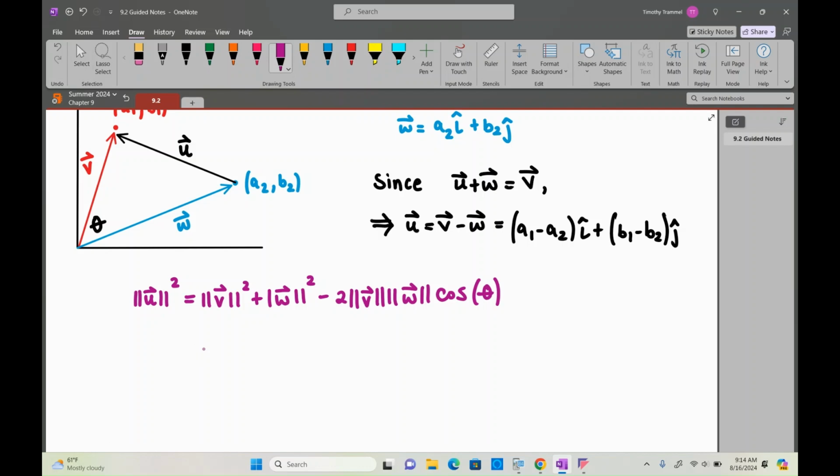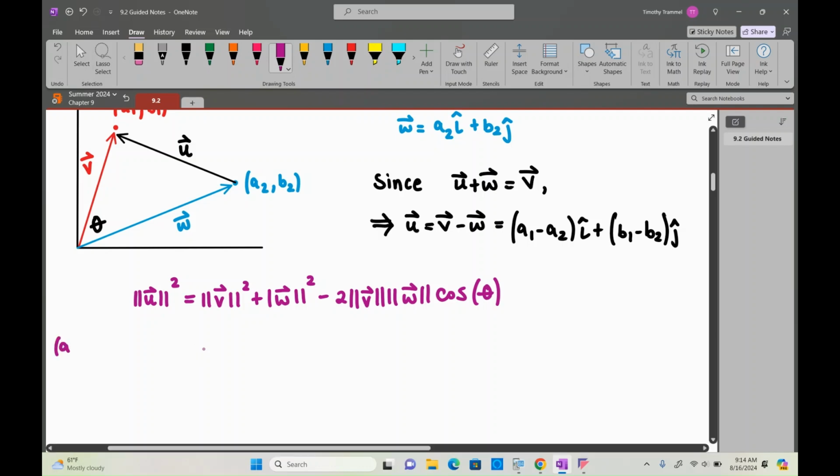So let's go ahead and see what that looks like. That's going to look like (a1 minus a2) squared plus (b1 minus b2) squared. So that's the magnitude squared of u.